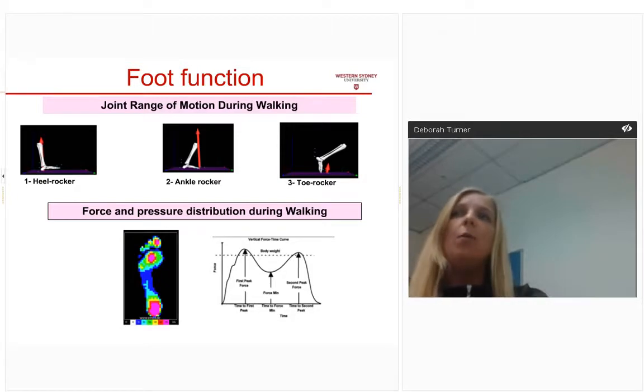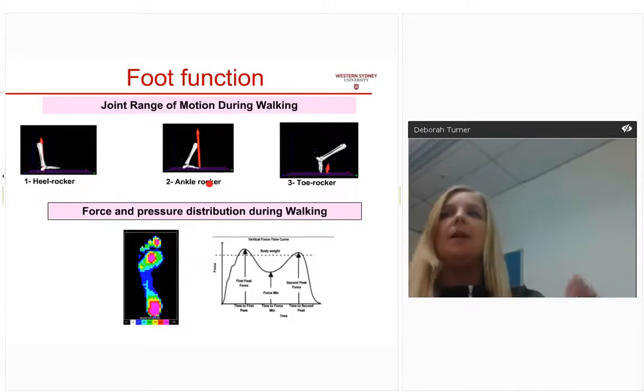What we then need is adequate range of movement at the ankle joint, and we can see just highlighted here that we have our ankle joint rocker. And we need an adequate amount of dorsiflexion to be able to take the tibia over the stationary foot to progress the center of gravity over the stationary foot.